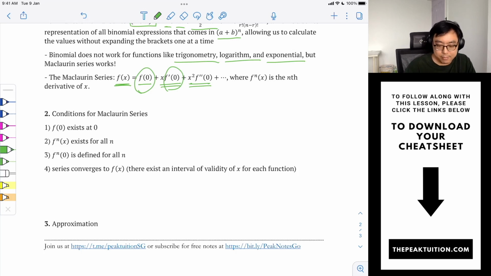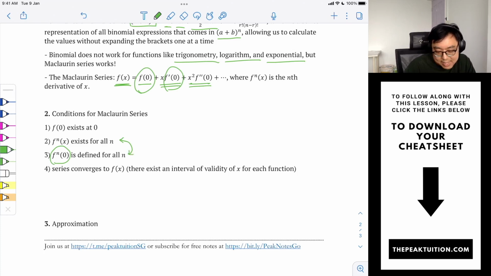Thirdly, the nth derivative at 0 must be defined for all n. Okay? So this is different from the second condition. The second condition just tells you that it is differentiable. The third condition tells you that at 0, the nth derivative is not undefined.